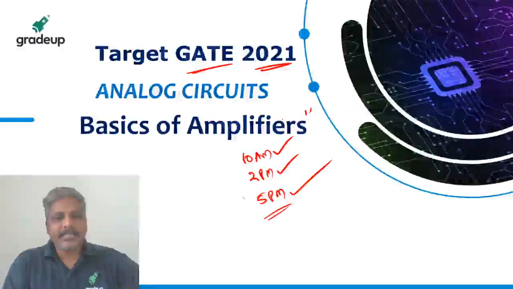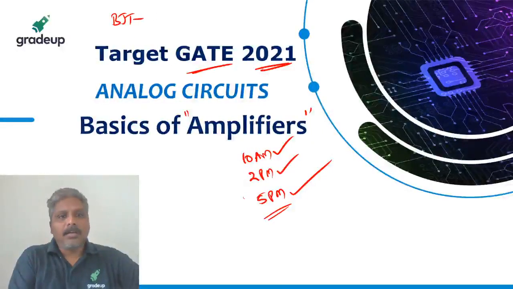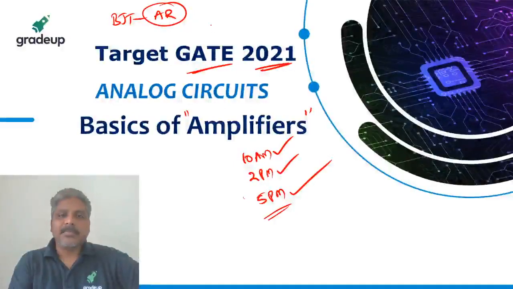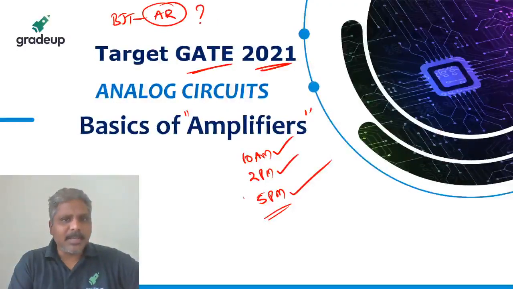So far we discussed about BJT in active region, how it is and what is active region, how to put it in active region, and what are the methods to put the transistor in active region, and how to solve the questions on active region BJT problems. But all these things, why we are doing?